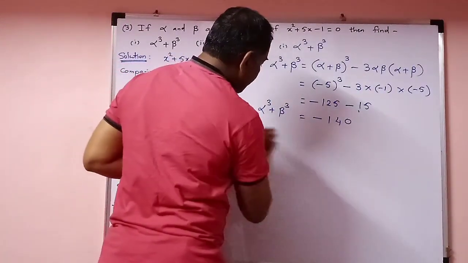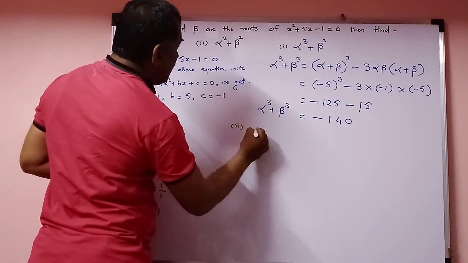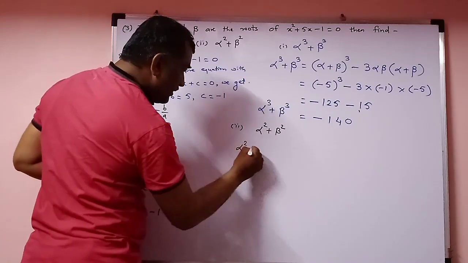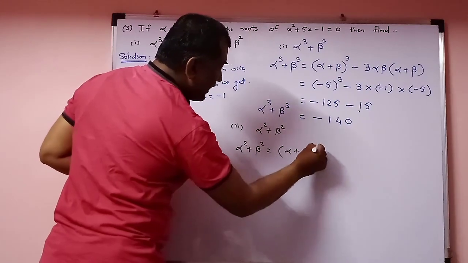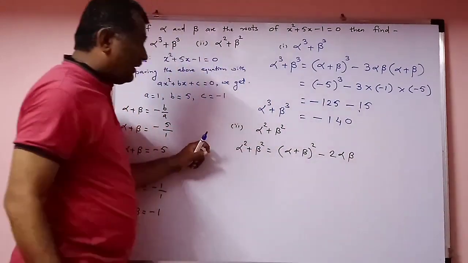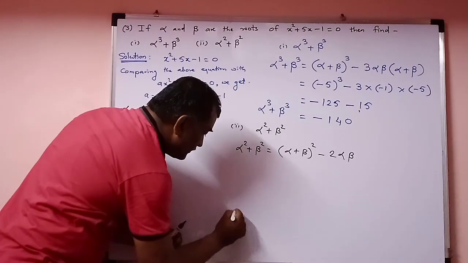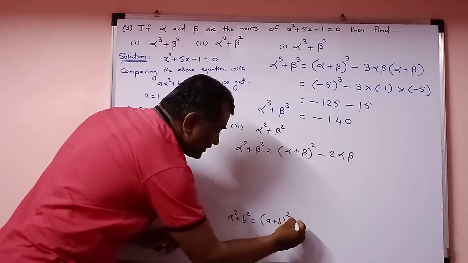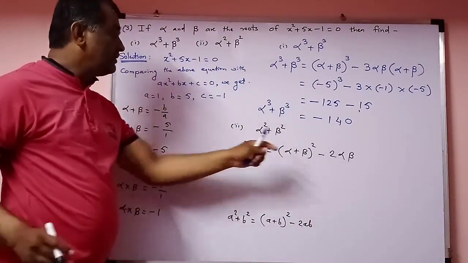Then find the value of second, alpha square plus beta square. Alpha square plus beta square is equal to alpha plus beta brackets square minus 2 alpha beta. In 8th standard we learned this formula. A square plus b square is equal to in bracket a plus b brackets square minus 2ab. From this we write this formula.